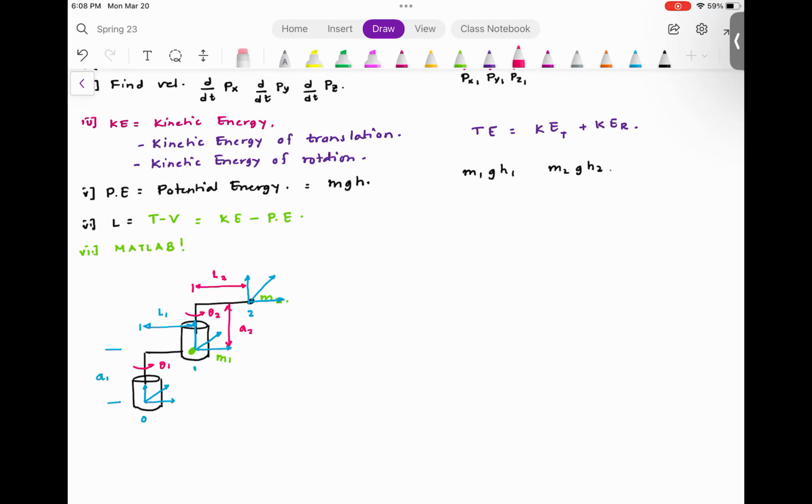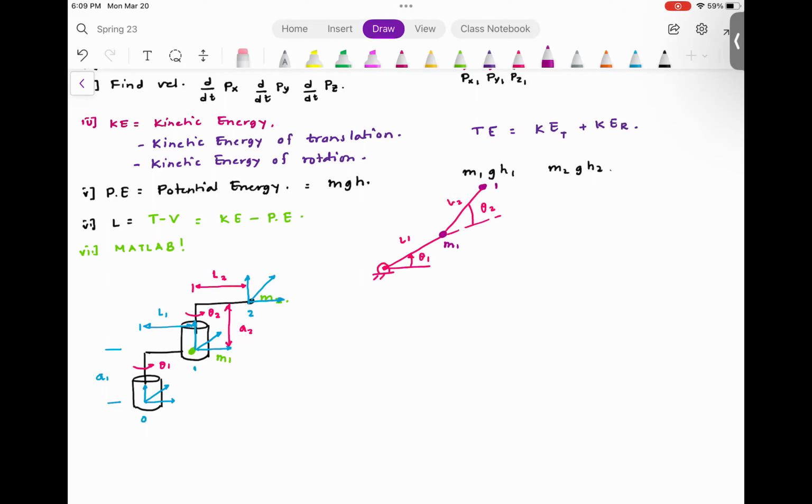And we spent a lot of time performing the forward kinematics on this. If you look from top, you would observe that this is like a double pendulum. This robot arm is like a double pendulum. L1, this angle is theta 1, and this angle is theta 2. This is mass m1.